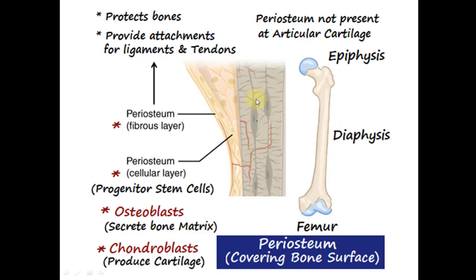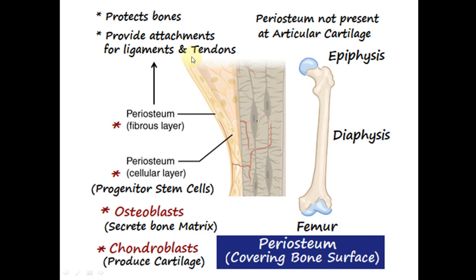The outer layer of the bone is known as the periosteum, and as I said, this periosteum is absent at the articular ends of the bone where the bones articulate with each other to form joints.